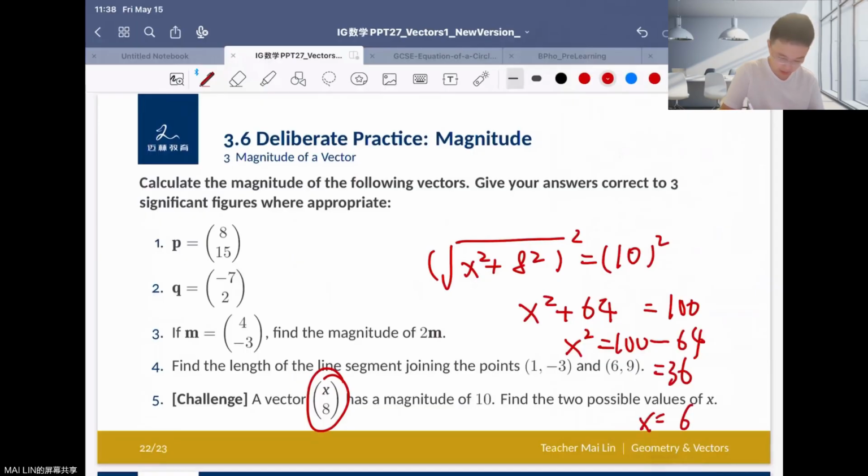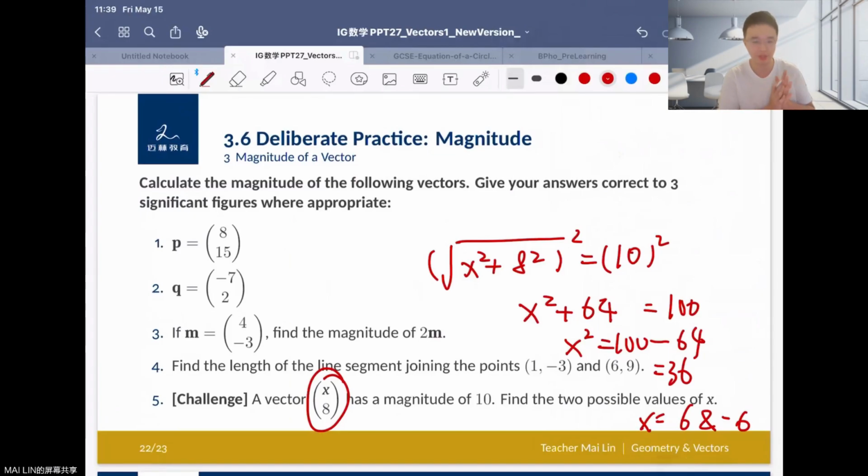So x equals 6. We also have to remember that negative 6 times negative 6 also equals 36. So x equals 6 and -6. That is the x value. We can say the possible values of x are 6 and -6.